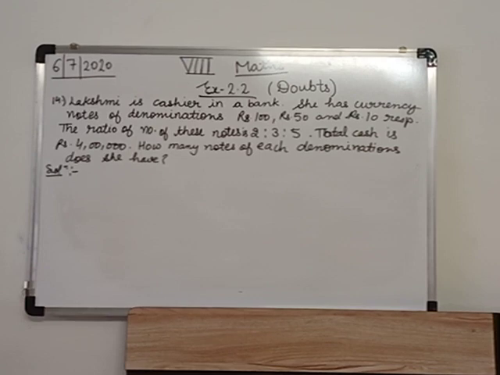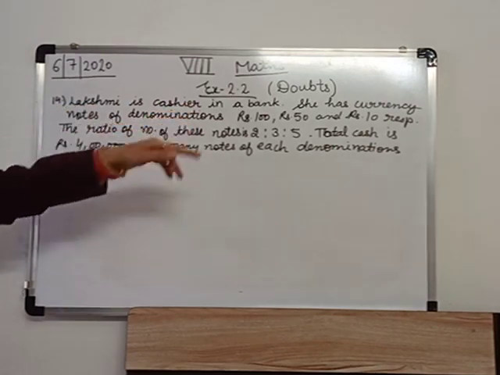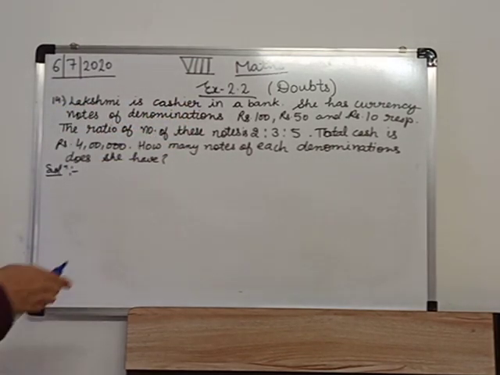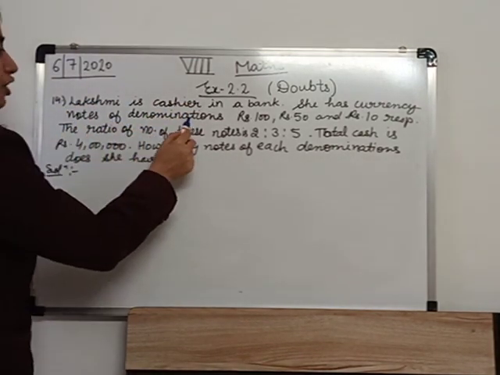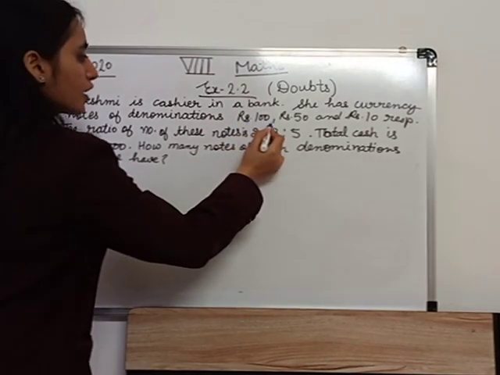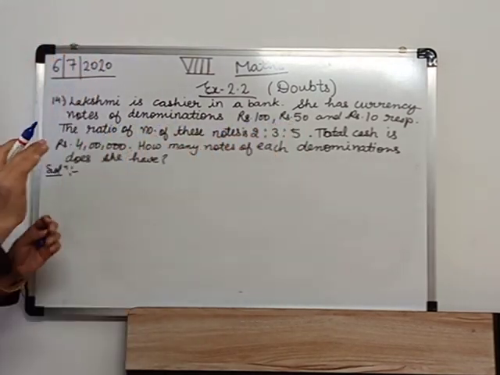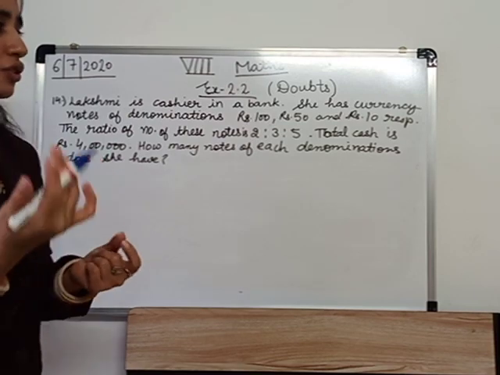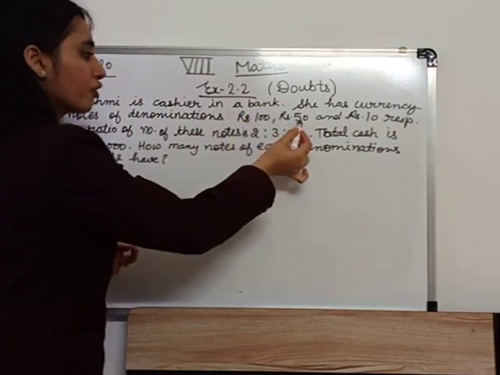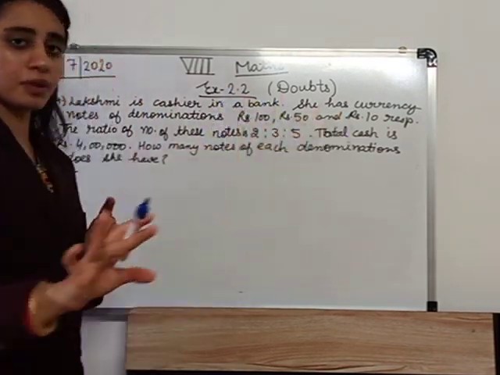Lakshmi is a cashier in a bank. She has currency notes of denominations rupees 100, means she has some notes of 100 rupees, some 50 rupee notes and some 10 rupee notes.